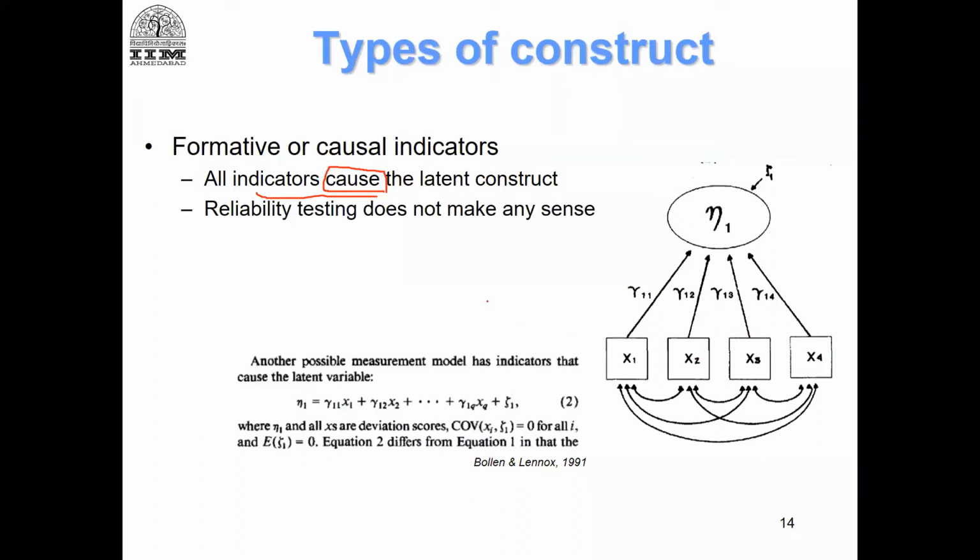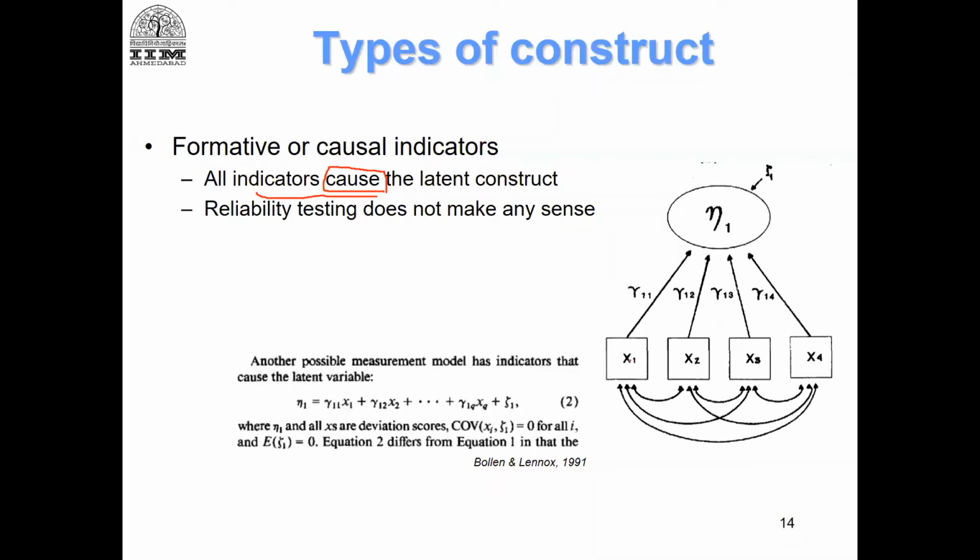Now because this can exist independently, x1 can exist independently, x2 can exist independently, x3 can exist, they are not caused by the same source. x1 has a different source, x2 has a different source, x3 has a different source, x4 has a different source.